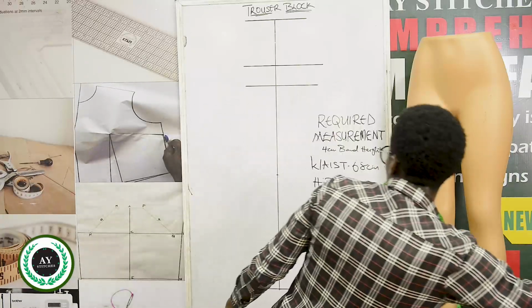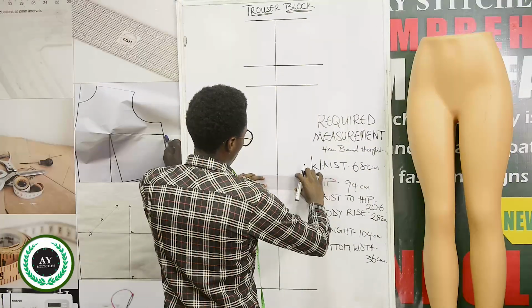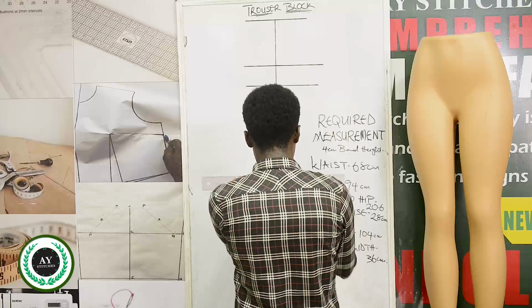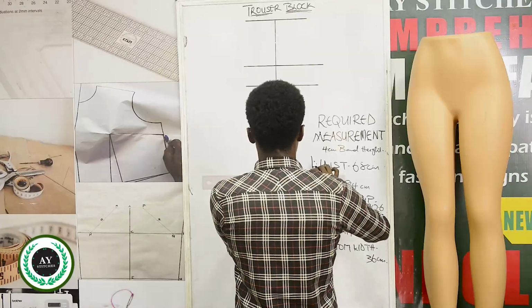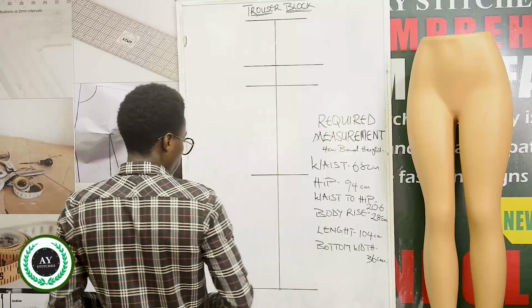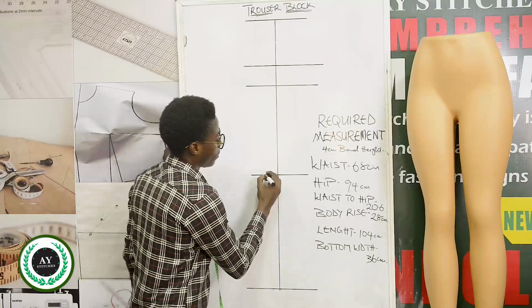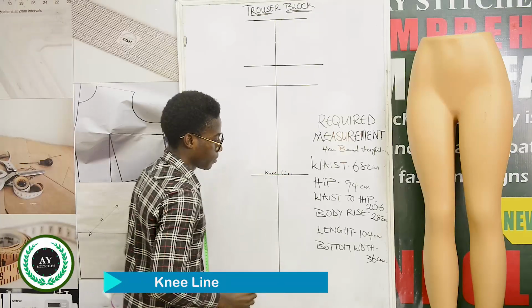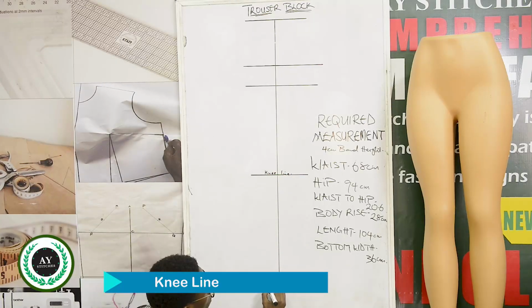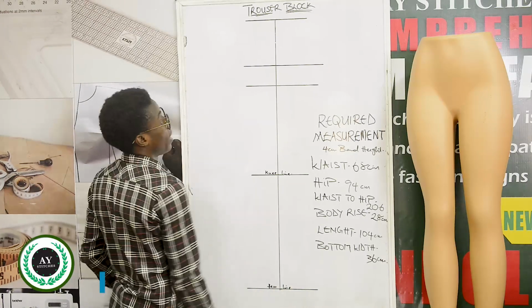So the next thing for you to do is to square across also. So why I'm deducting that 5 centimeter is to get the actual knee length. Now I have all my important lines. So this is my what? My knee line. M line.